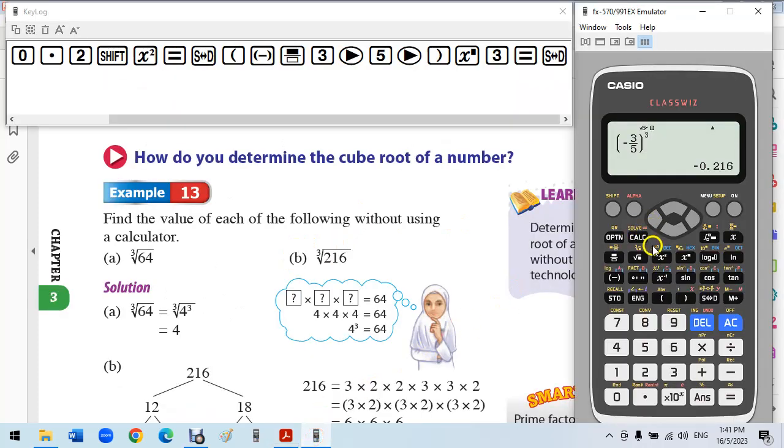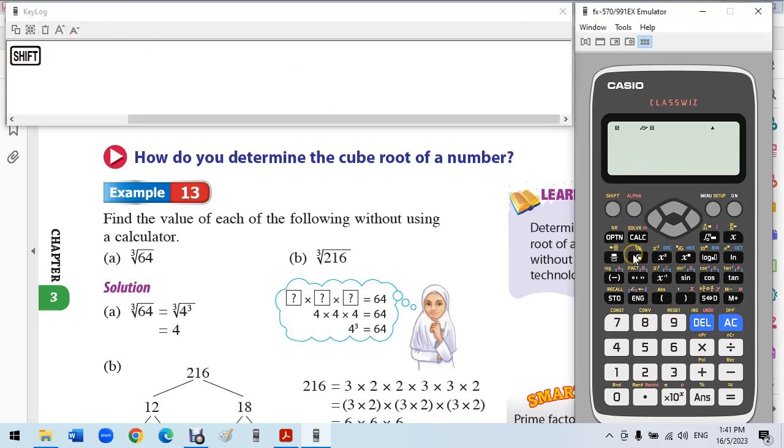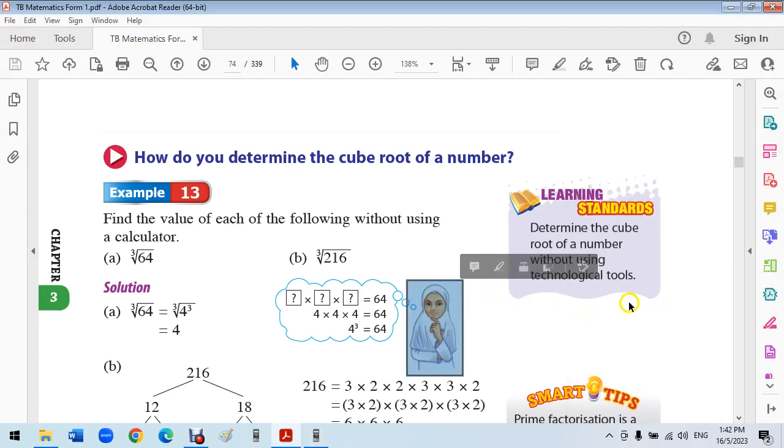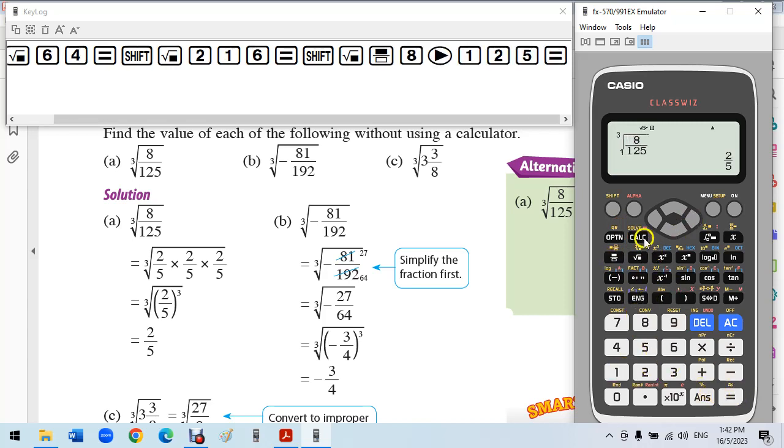Cube root. So cube root, what we do is we press the shift, this to call cube root. Cube root of 64 is 4, and then cube root of 216 is 6. Okay, so something complicated, cube root of 8/125, is 2/5.